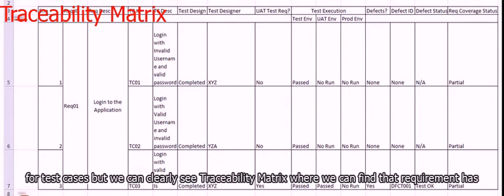But in the traceability matrix we can find requirements mapped with test cases, and we can find out which requirement is related to which test cases, which test cases are able to cover which requirement, and whether our test cases are able to cover all the requirements or not. You can see in the screenshot to verify the same.